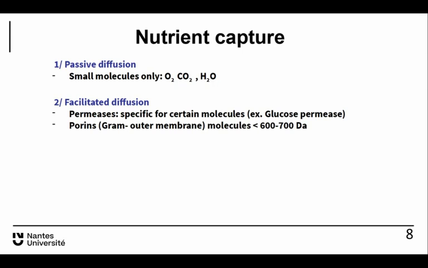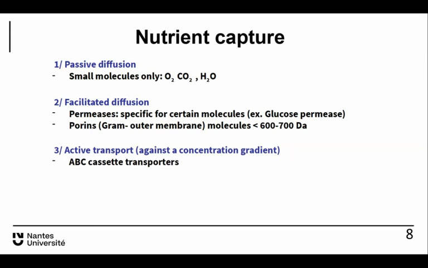And then more glucose will keep coming in. For this step here, all bacteria need to use active transport, because the concentration of whatever you want to get is going to be higher inside the cell than in the periplasm, because you want to keep the concentration low here so that the flow can keep coming in.